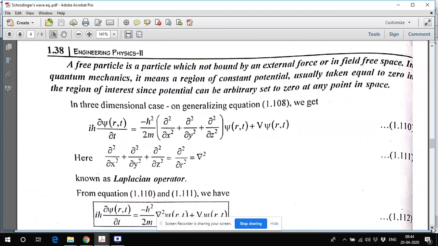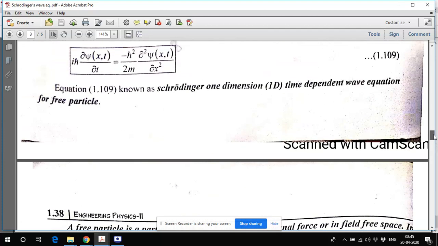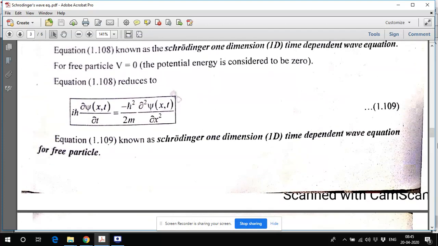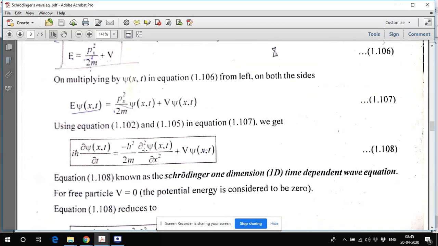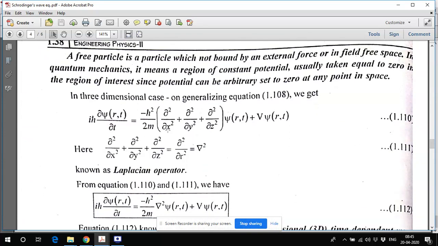So ψ(x,t) is replaced by ψ(r,t). Now, in this equation we are double differentiating with respect to x only, ∂²/∂x². Since we have three dimensions, y and z both, we have to differentiate with respect to y and z also. So that is ∂²/∂x², ∂²/∂y², ∂²/∂z². So this is for three dimensions.